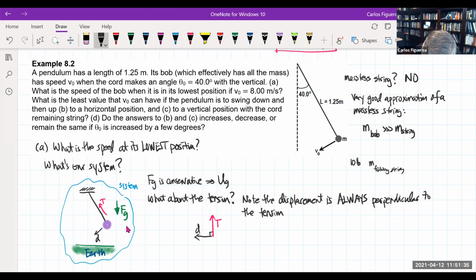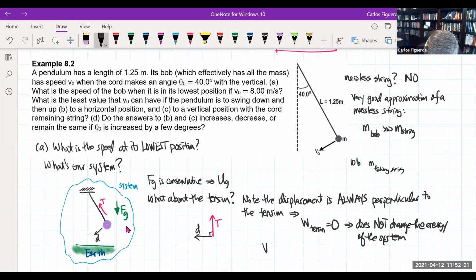Wait a minute. That tells us that the work of the tension is zero. And if the work of the tension is zero, then that means it does not change the energy of the system.